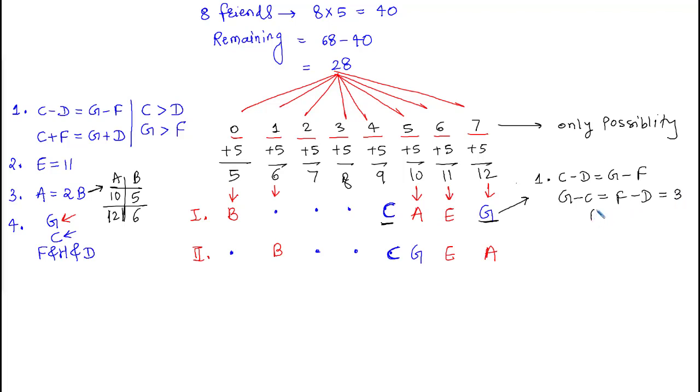And over here F and D are going to take which values? 6, 7 or 8. So is it possible that F minus D is equal to 3 here? F and D will take values among 6, 7 and 8, so it is not possible to get a difference of 3. That is why the first case stands invalid.